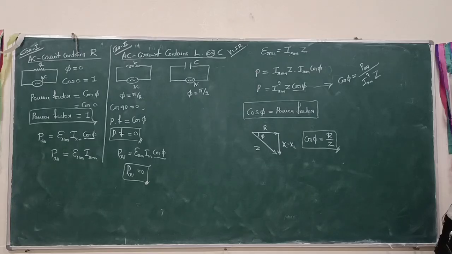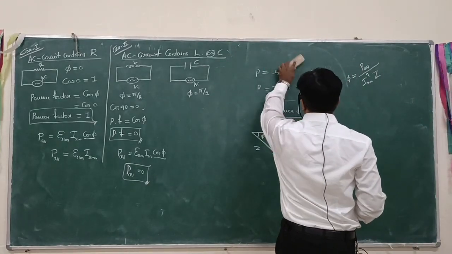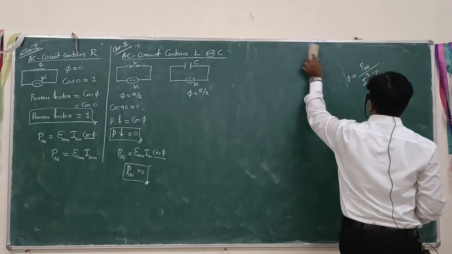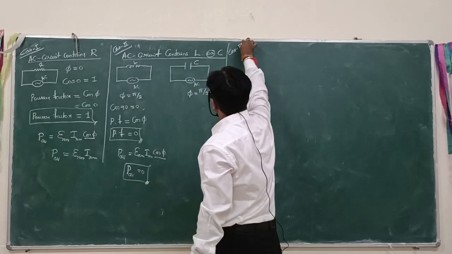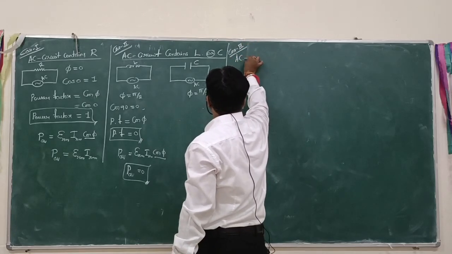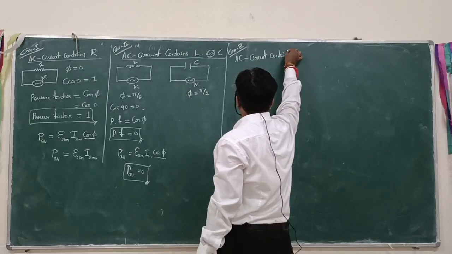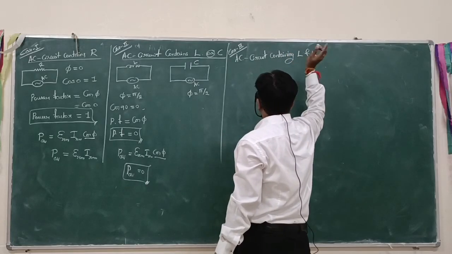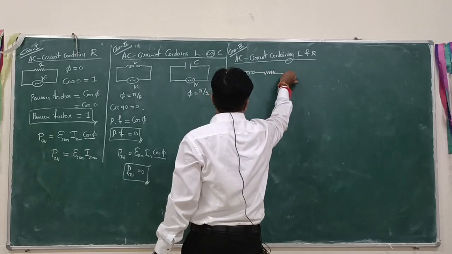Next, AC circuit containing L and R. Circuit containing L and R, that is, resistance and inductor are present.